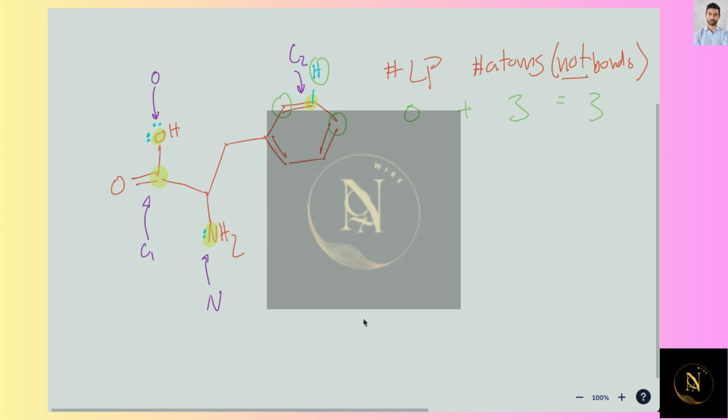Okay, and then if the total is 4, it's sp3. If the total is 3, it's sp2. If the total is 2, it's sp. And this kind of makes sense, because remember that sp3 is s with 3 p orbitals, and sp2 is s with 2 p orbitals, and sp is s with 1 p orbital, right?